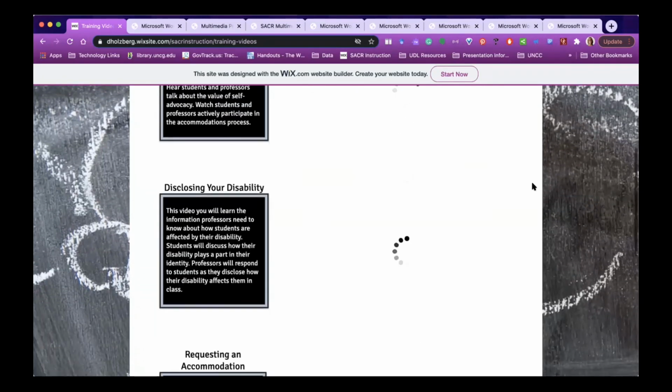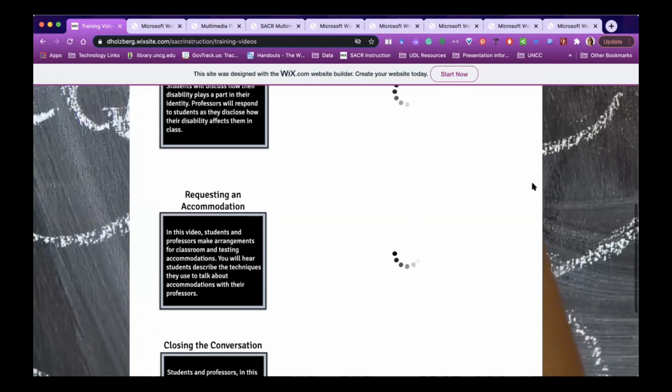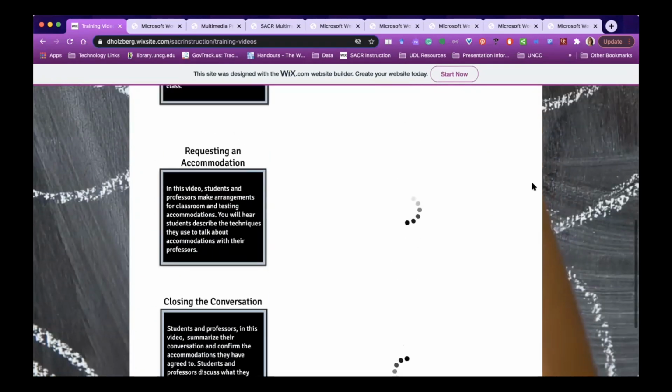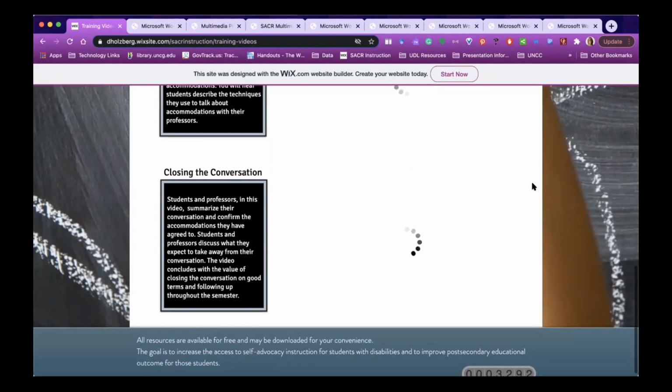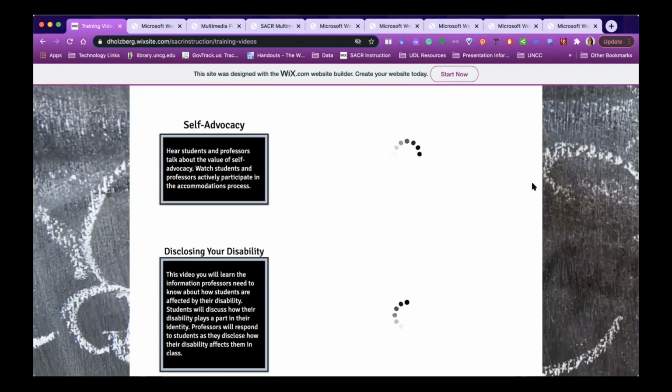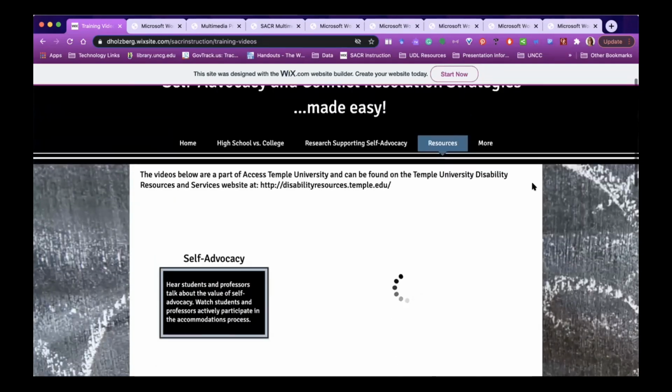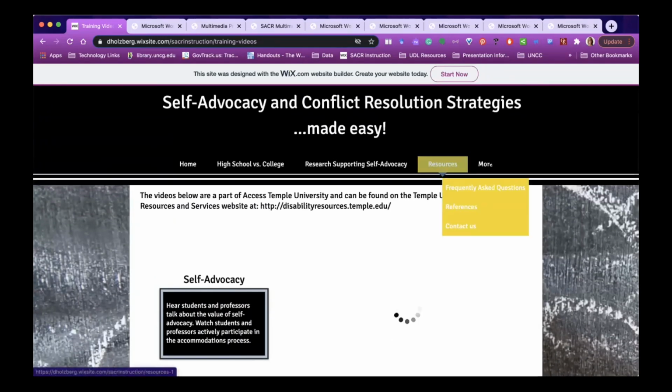I think we've got the little spinning wheel going on here, but basically there are 4 videos to help walk through some of the same steps. And that is pretty much the website. Like I said, the QR code is available, and the link is there.